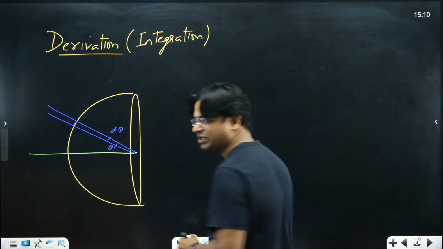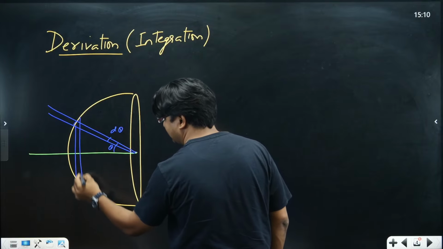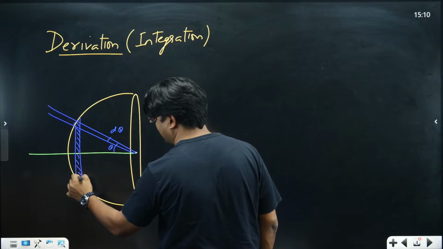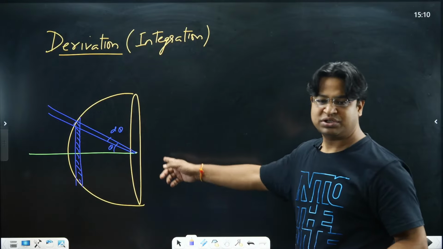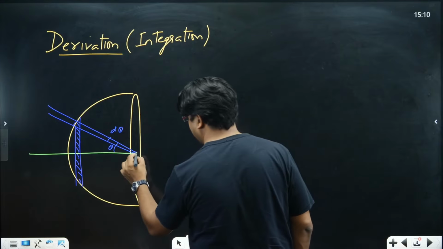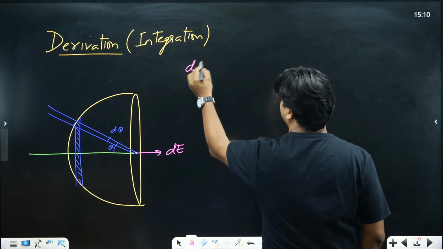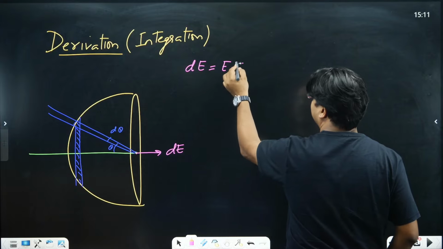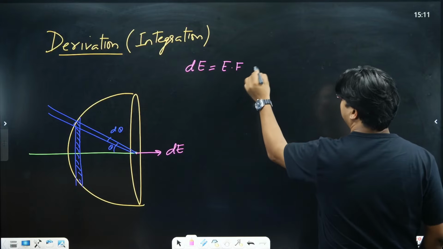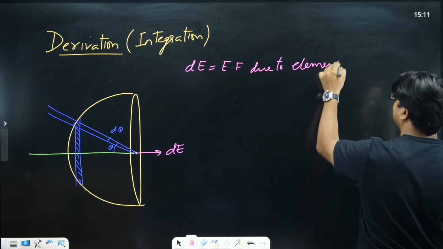This is an elemental ring, and this ring would be producing some electric field at the center. Let's write that electric field as dE. So what is dE? dE is the electric field strength due to the elemental ring.